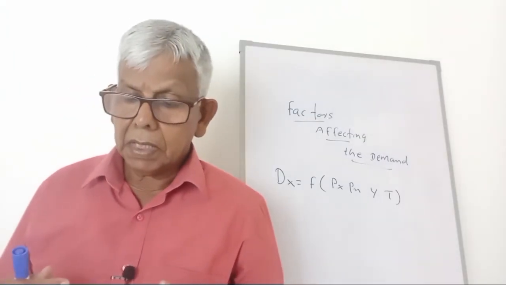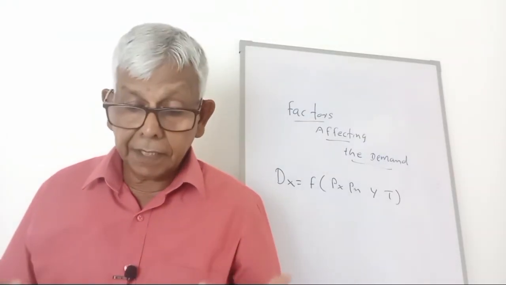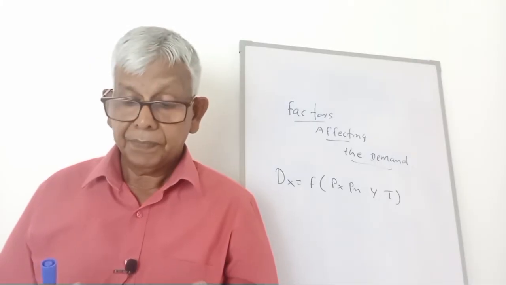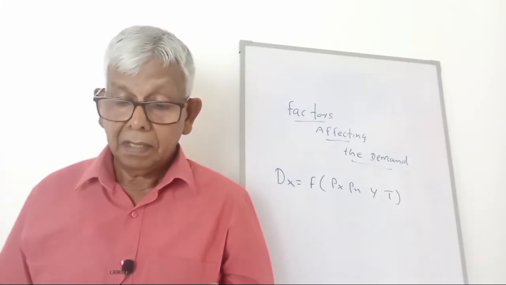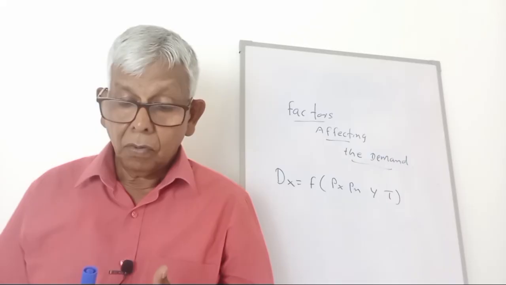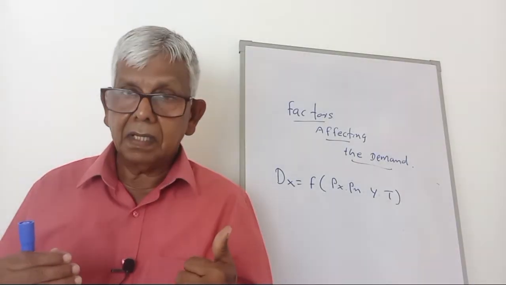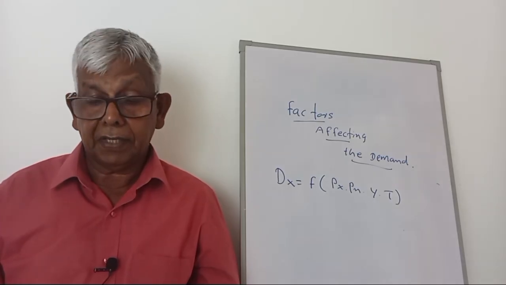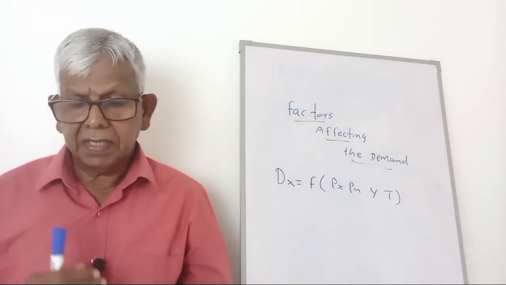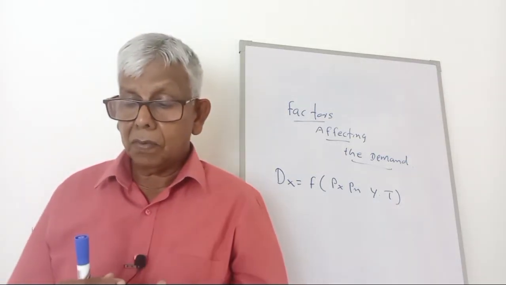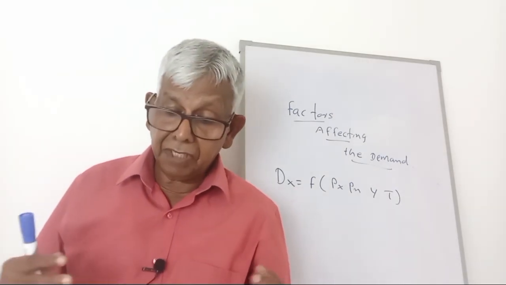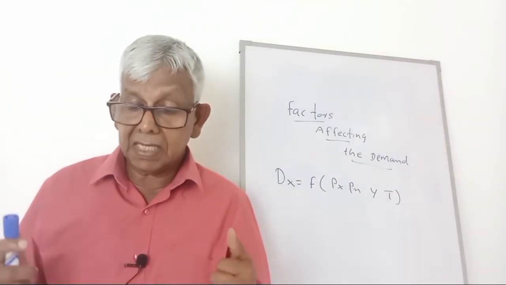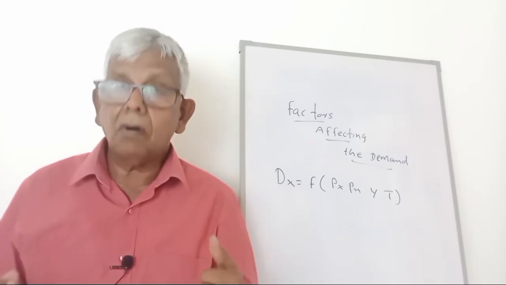Now it is clear that the price and the demand behave in the opposite direction. This negative relationship between the price and the demand is called the law of demand.